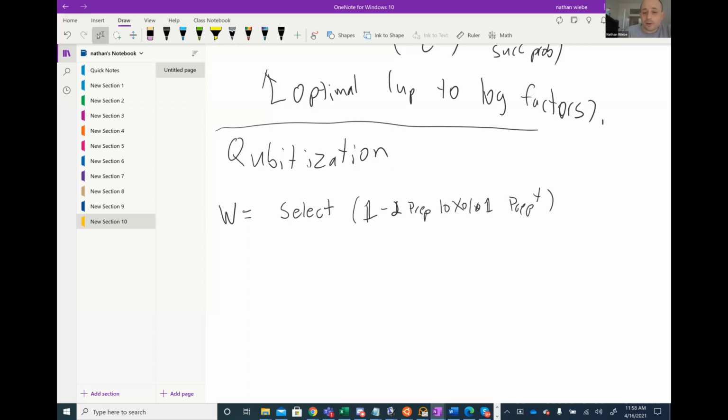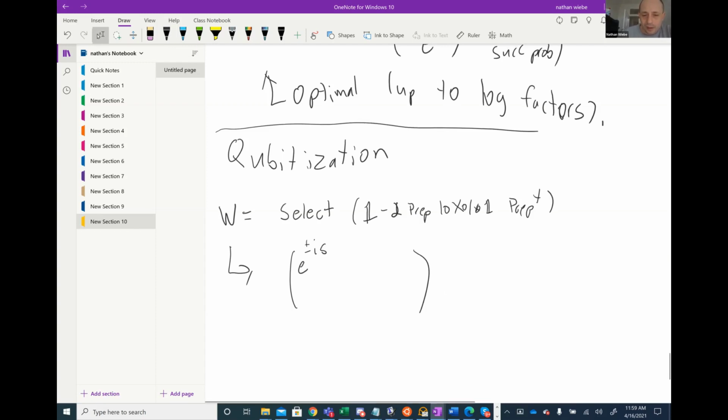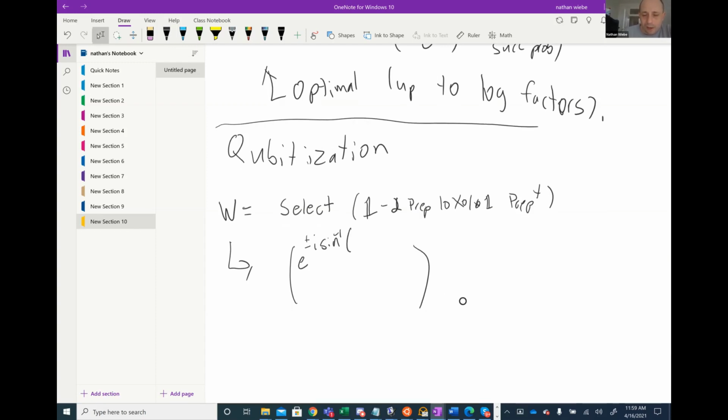It turns out that with qubitization, what this ends up doing is creating a block encoding that looks very similar, but of the form e to the plus or minus i arcsine of the Hamiltonian over A. The cool thing about this approach is that the error you get in this approximation is 0.